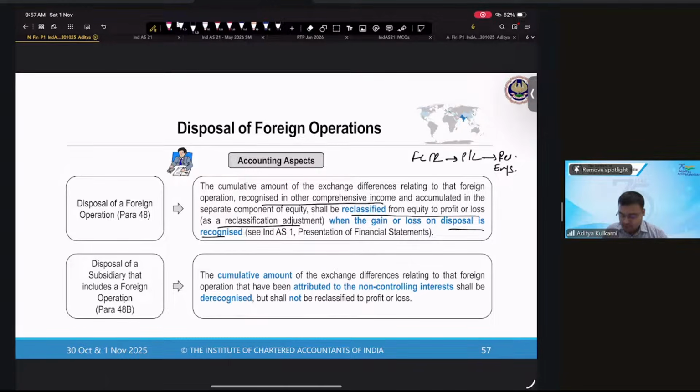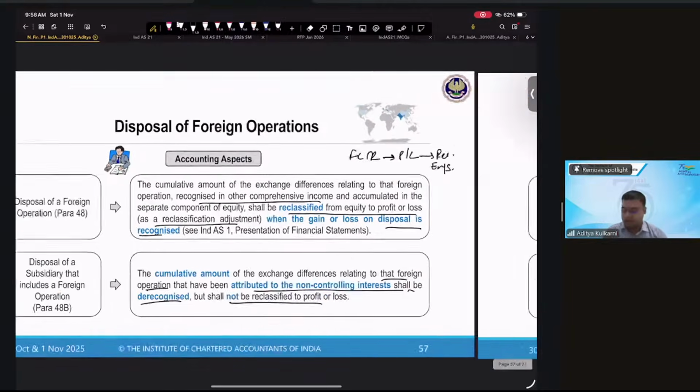Disposal of a subsidiary that includes a foreign operation. I disposed of a subsidiary. That subsidiary has a foreign operation. So there would be an FCTR on that. The cumulative amount of the exchange differences relating to that foreign operation that has been attributed to NCI shall be de-recognized but not reclassified to P&L.